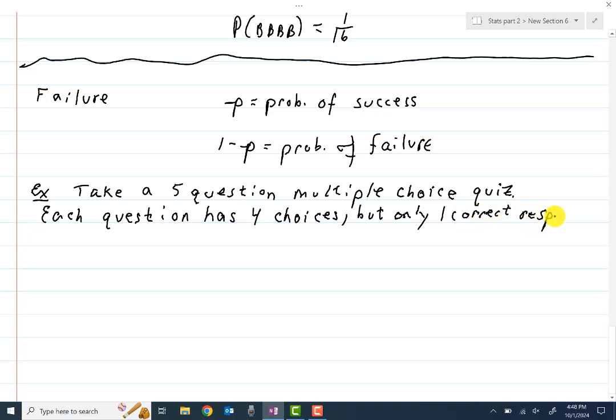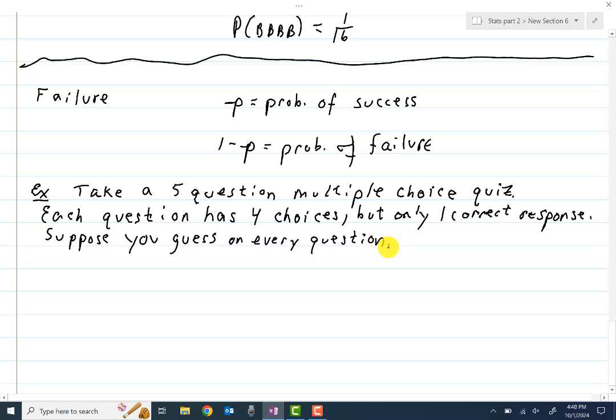So you could probably think of it as having choices A, B, C, and D. Now let's say you go to this quiz and you guess on every question. What's the probability you're going to get them all right?